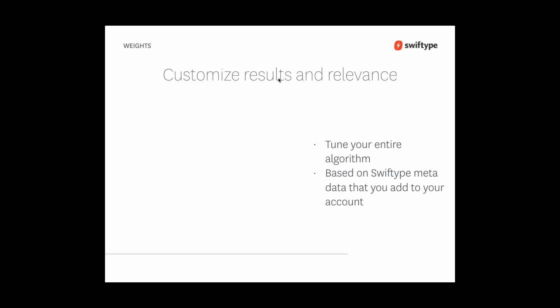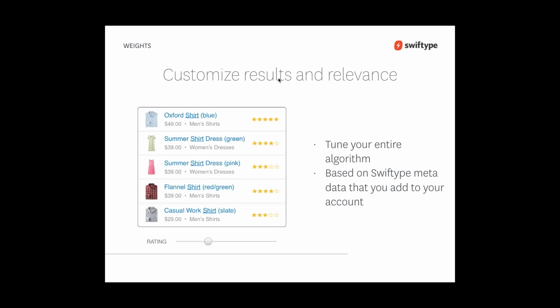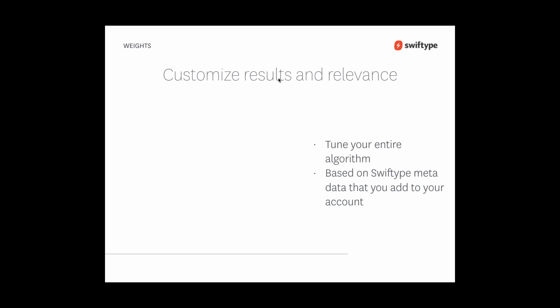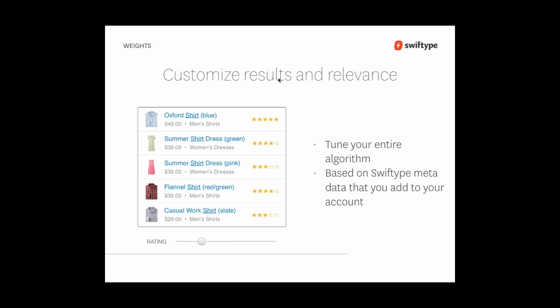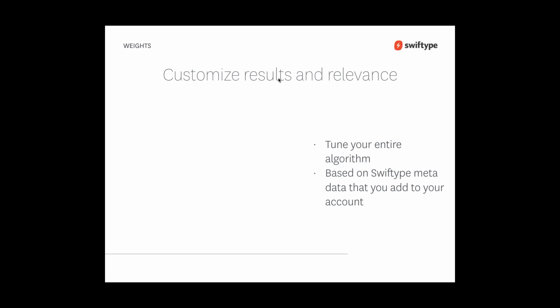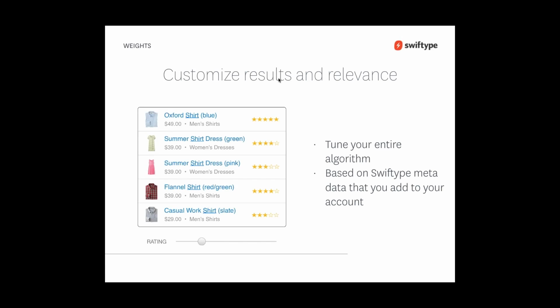And so through the SwiftType weights tool, you can literally click and drag the dot from the left to the right, and then automatically the algorithm will resort itself to deliver all content with average reviews being a larger weight compared to all the other variables that you provided us to build the algorithm out.